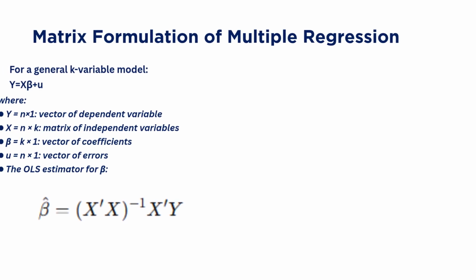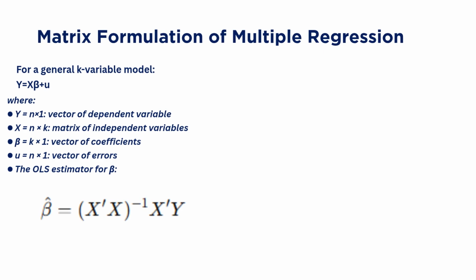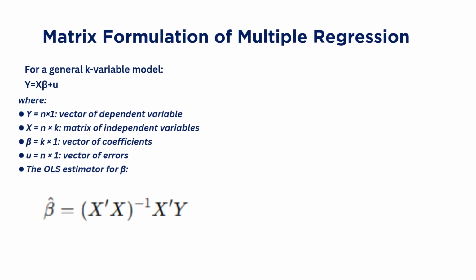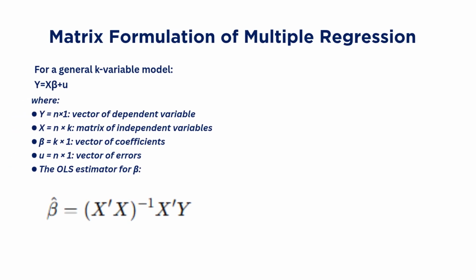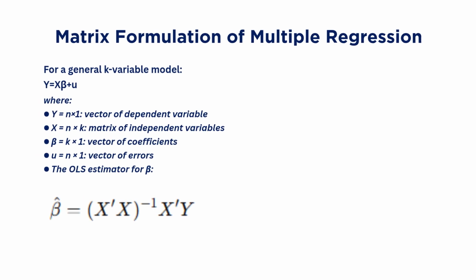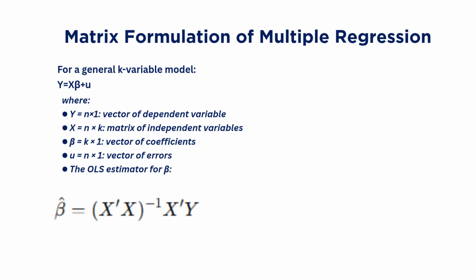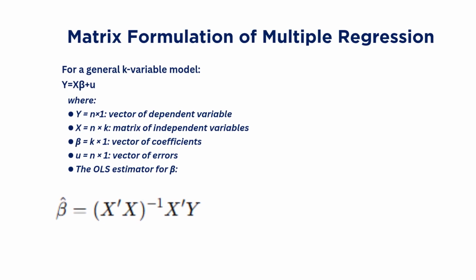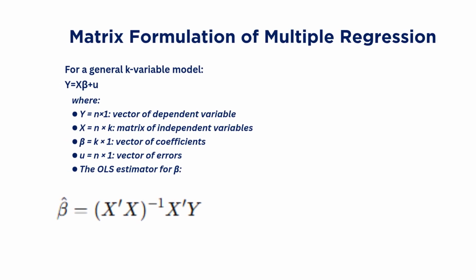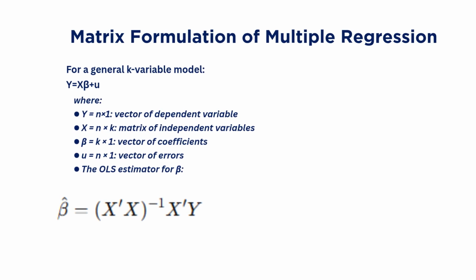For a general k-variable model, we can write y is equal to X beta plus u. Here y is an n by 1 vector of the dependent variable, and X is an n by k matrix of independent variables.